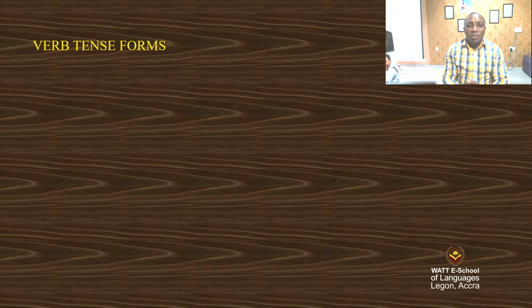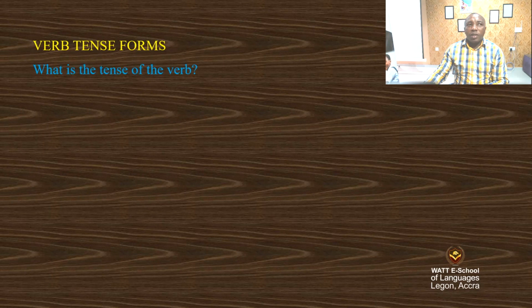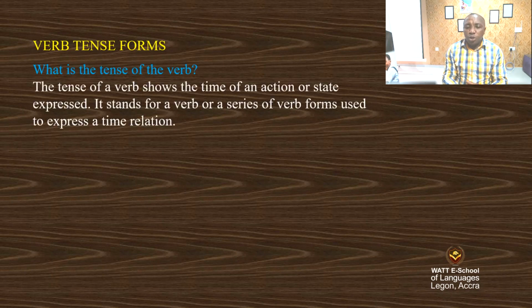In today's lesson, we are going to have a look at verb tense. What is verb tense? In the first place, when they say tense of the verb, what is it? The tense of a verb shows the time of an action or state expressed.